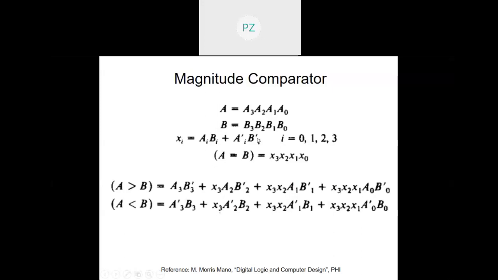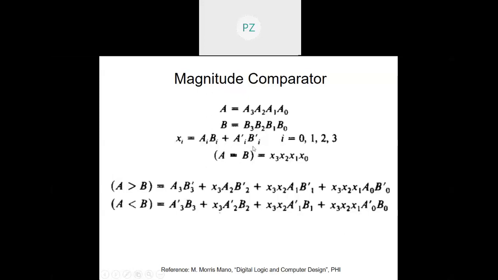Right? So first let us talk about A being equal to B. Now you see the equivalence function will come to our rescue. Equivalence function exactly tells you whether two given binary bits, they are equal or not, right? So I'll say Xi is equal to Ai exclusive NOR with Bi. And exclusive NOR is basically Ai Bi plus Ai dash Bi dash.